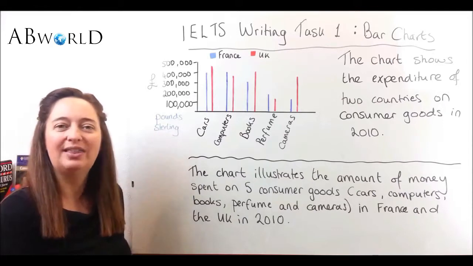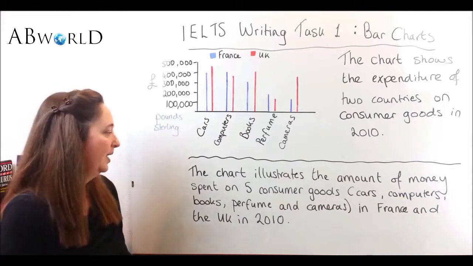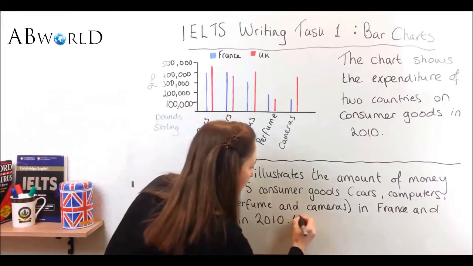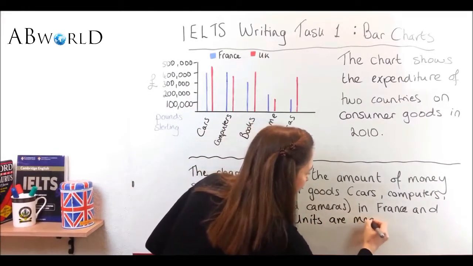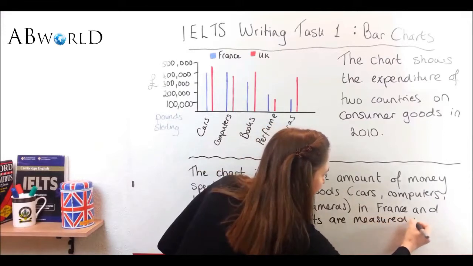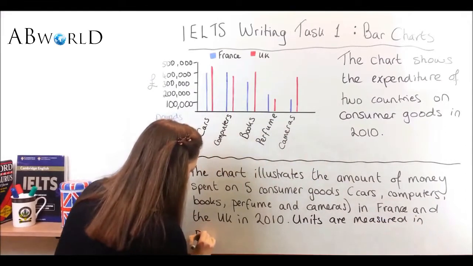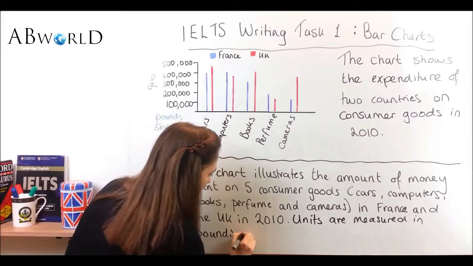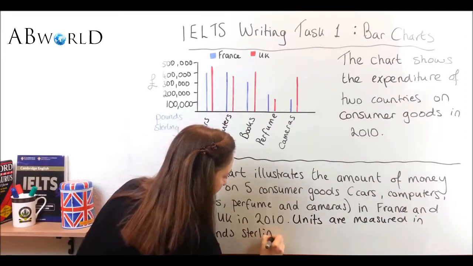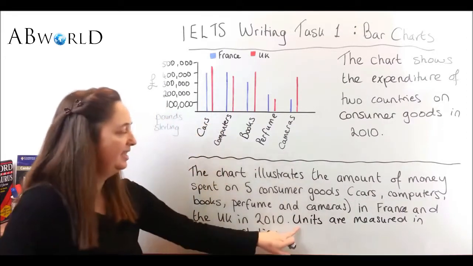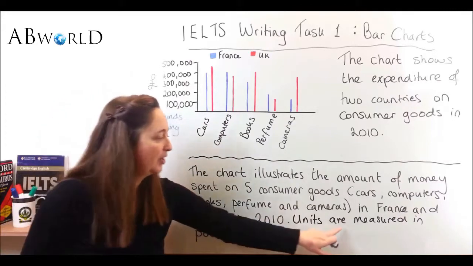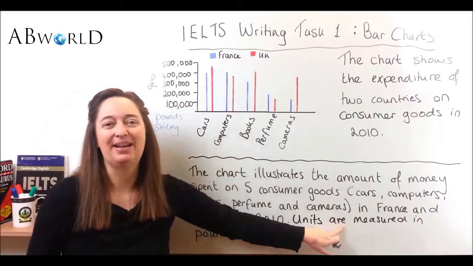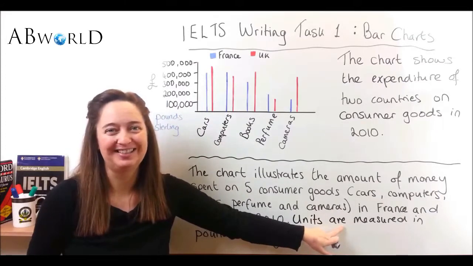So we need to write that in our introduction. And we can write: units are measured in pounds sterling. And this is a very useful sentence to use because, of course, that is a passive tense, which is very nice for the examiner.